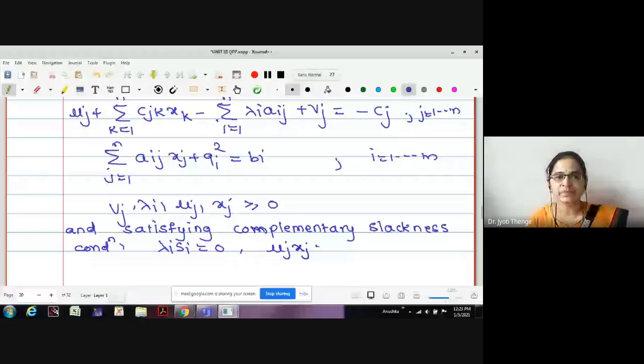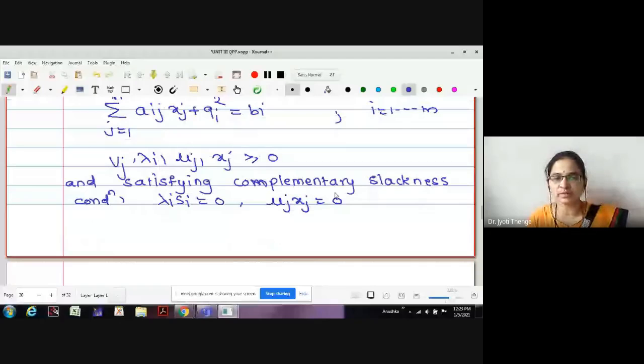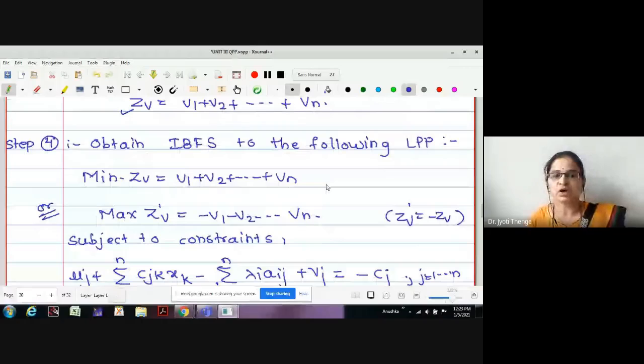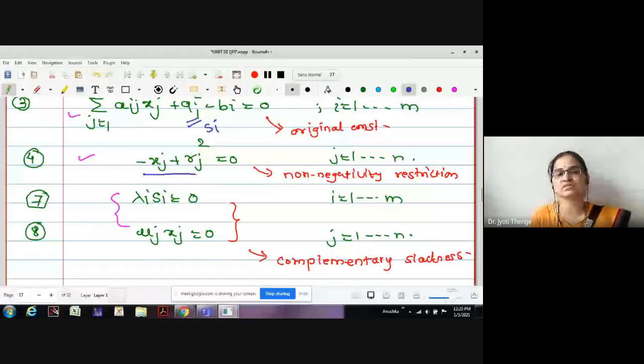Is it okay? This is the construction of a new linear programming problem. Whatever artificial variables are added, we want to minimize the sum of those artificial variables. Therefore, the LPP is considered in this format, subject to these two types of linear constraints. Whatever is the third one, minus xj plus rj square, gives us minus xj greater than or equal to 0.